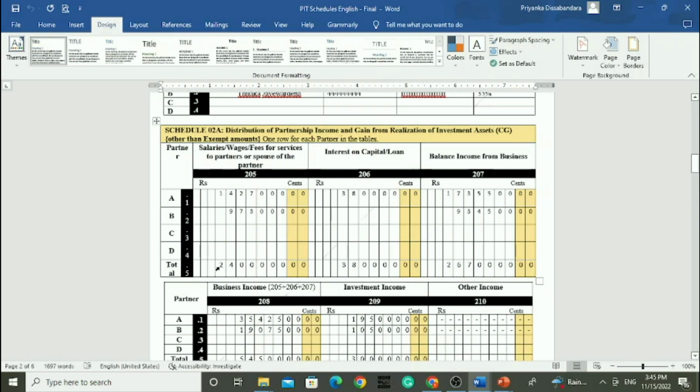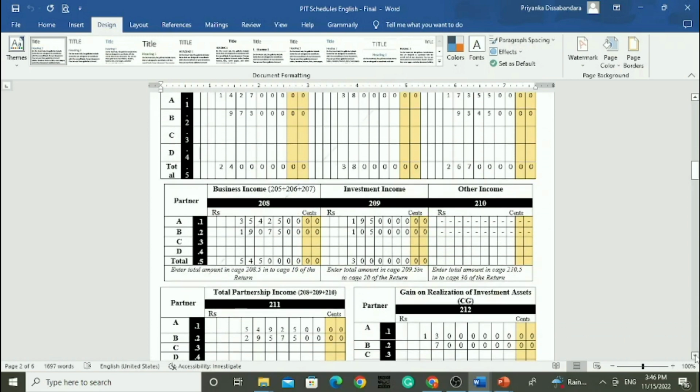After that, you have to total the column. You have to total columns 205, 206 and 207. Business income will be the aggregate of these columns.